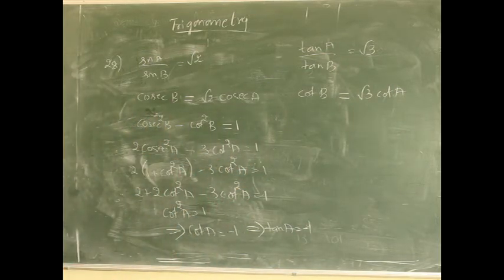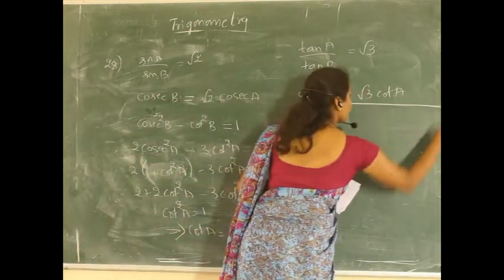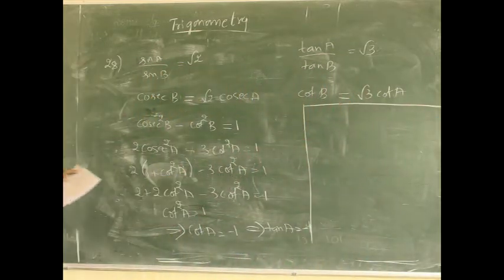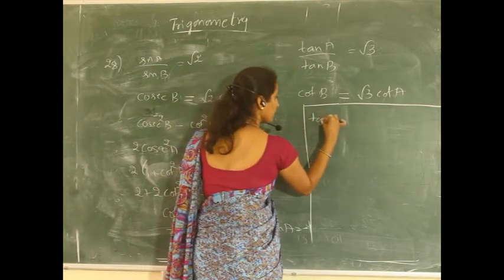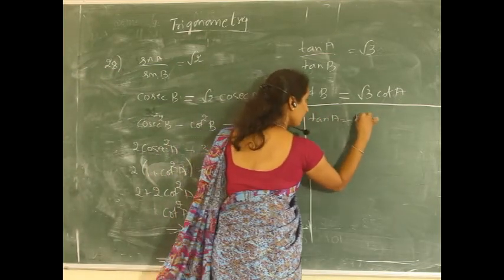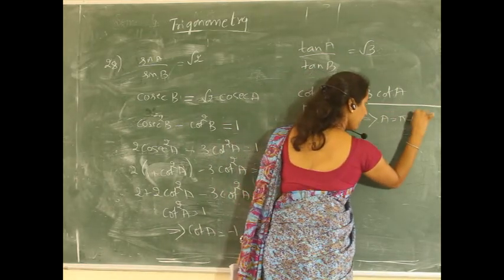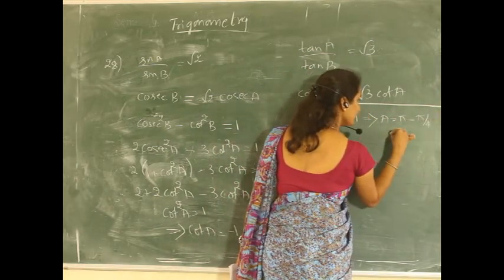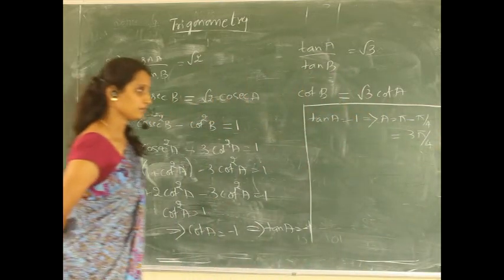Next, we have to calculate the value of A and B. If tan A is minus 1 and in the second quadrant, then A is equal to pi minus pi by 4, that is 3 pi by 4.